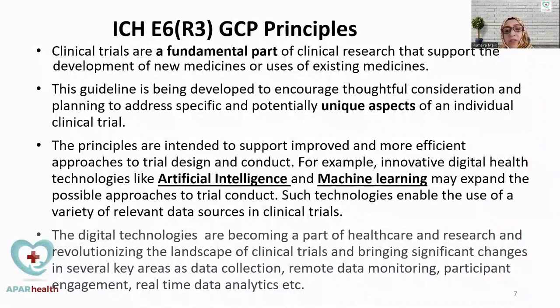Such technologies enable the use of a variety of relevant data sources in clinical trials. So we know that digital technologies are becoming a part of healthcare, and it is very important to review or update the guidelines in view of the developments happening in digital technologies, artificial intelligence, and machine learning.